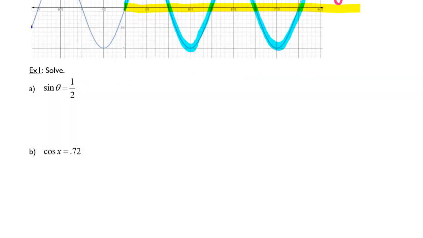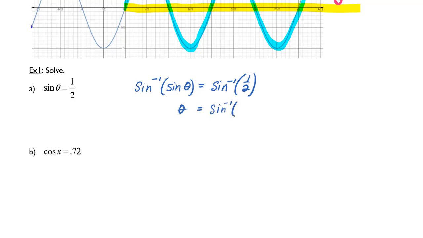In this first example, we're basically just asking exactly what we had up here previously. When sine of theta equals 1/2, we can say sine inverse of sine of theta is equal to sine inverse of 1/2. That means theta is equal to the sine inverse of 1/2.